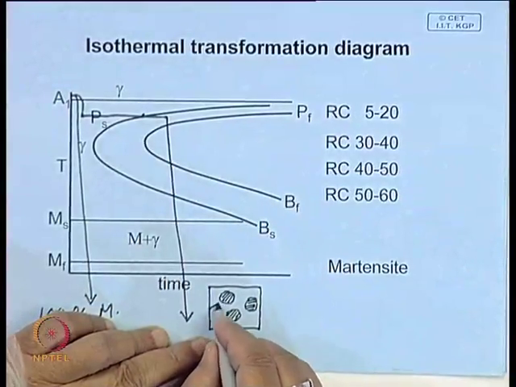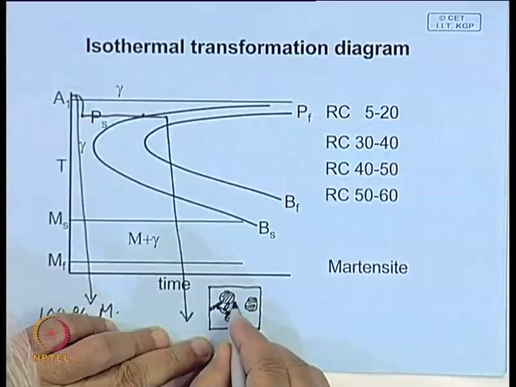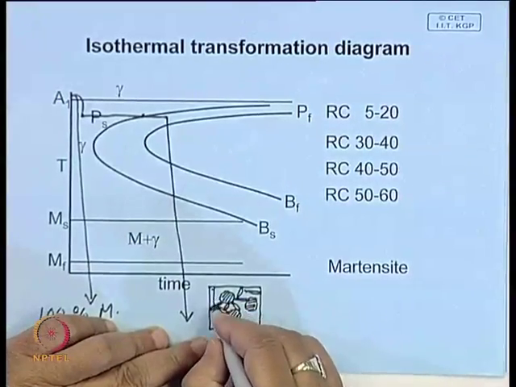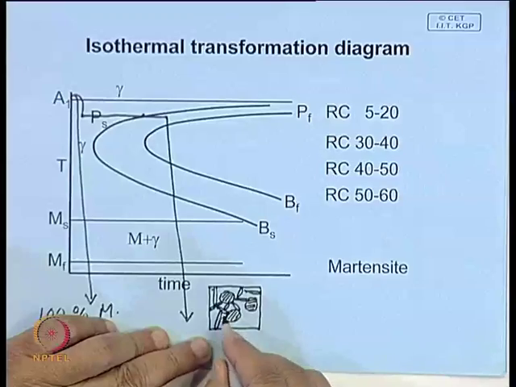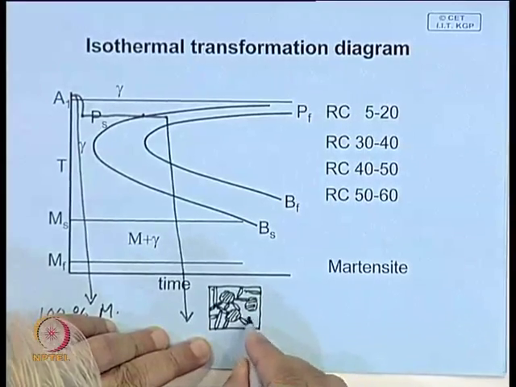So here what will happen? You will have this type of needle-like structure. This is martensite.